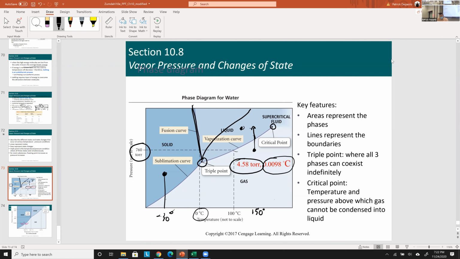So about 1 over 200 of what we're experiencing in terms of pressure gives a triple point. So you can't do this on your stove. You can't mess around with it and figure it out and find it. You can't even do it in our normal Gen Chem labs, but you can do it.